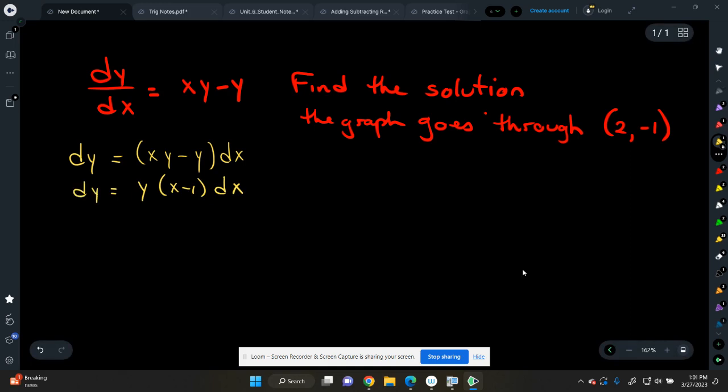I just moved the y over and then divided by y, and that's completely different. So how do you know you can't do that? Because then you get y over y, and then dx equals 1, and then you just get dy equals x dx. So you added y, and then you get y dy equals xy dx, and then you divide by y, and you get 1 dy equals x dx.